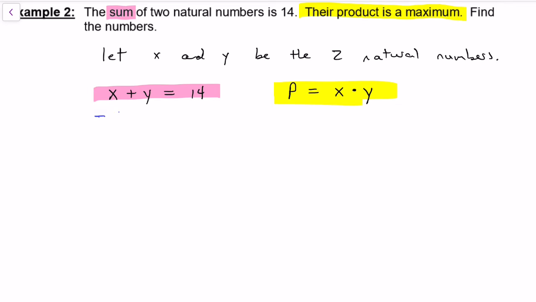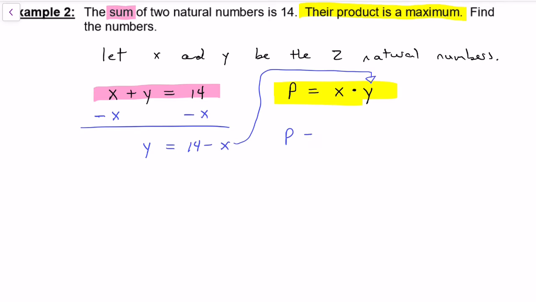So I subtract x from both sides and I get y equals 14 minus x, and then I substitute this for y into the product equation. Now I get a new product equation: P equals x times 14 minus x.